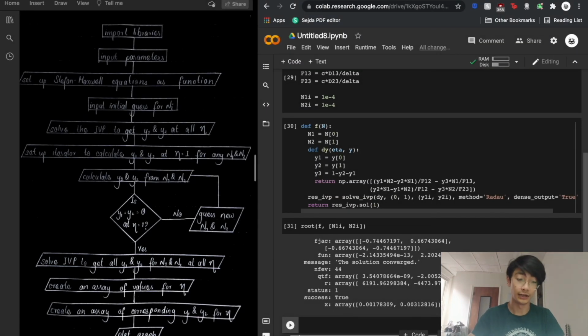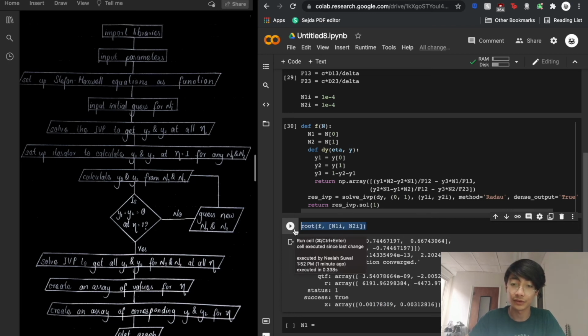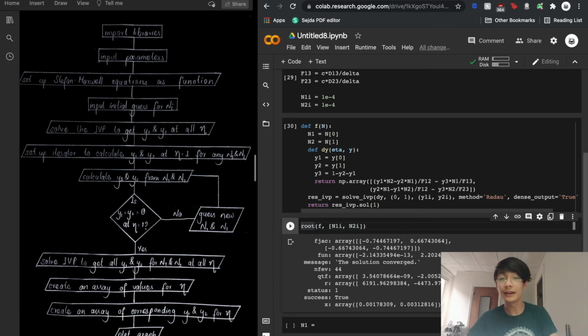So the molar flux of acetone is simply going to be equal to, yeah. So one thing we need to do here again is that we need to access these two values from that function. So in order to do that, we're gonna assign a variable to the function. Let's call it res underscore n for result of n.